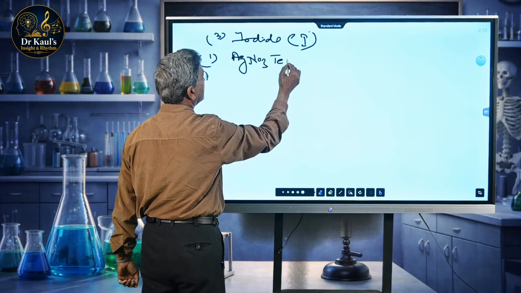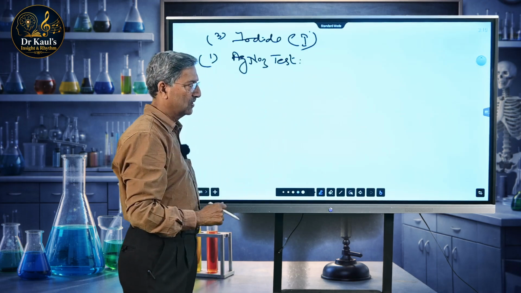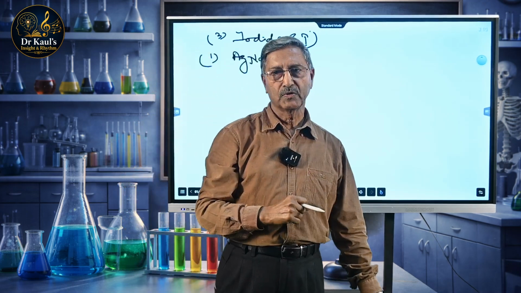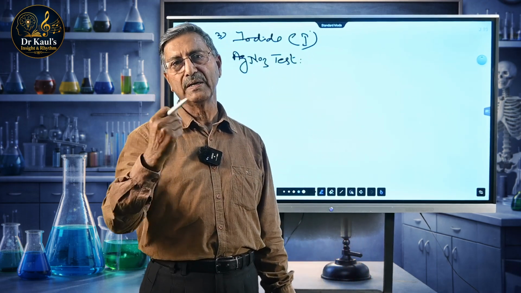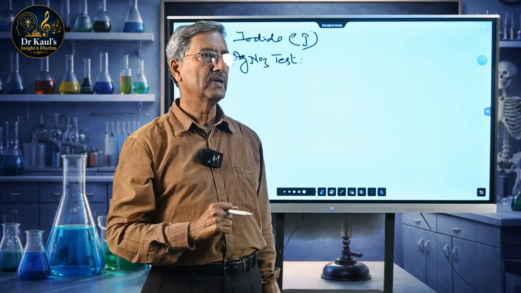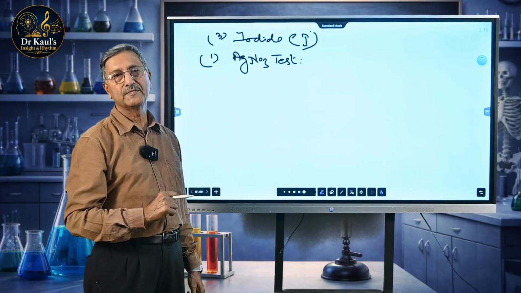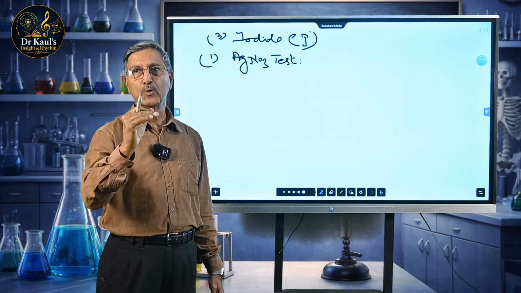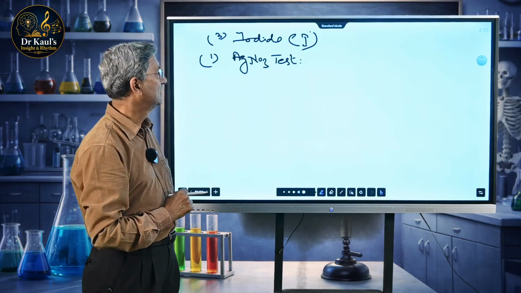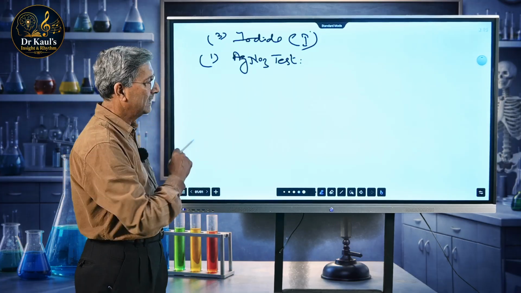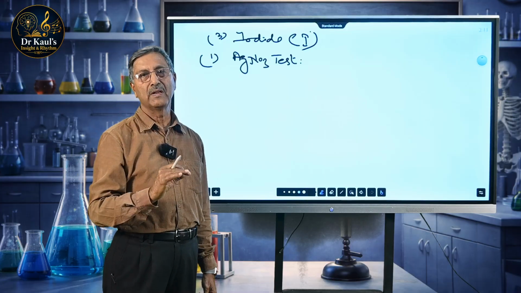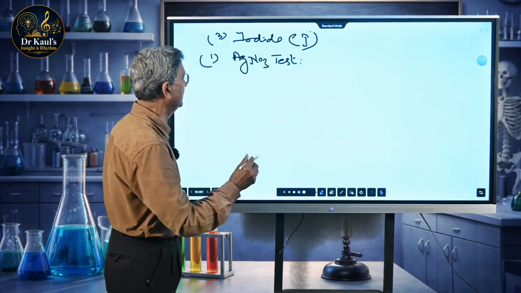Again the same test, that is to the salt solution we add a few drops of dilute HNO3, we boil it, decompose the undecomposed carbonates, and then we add silver nitrate. If we get the formation of a yellow precipitate, this indicates the presence of iodide, and this yellow precipitate will not be soluble in ammonium hydroxide.